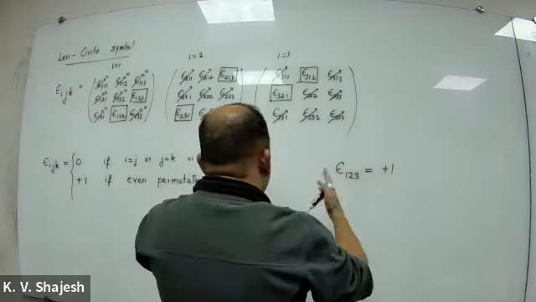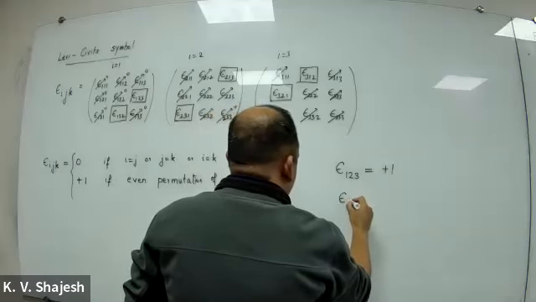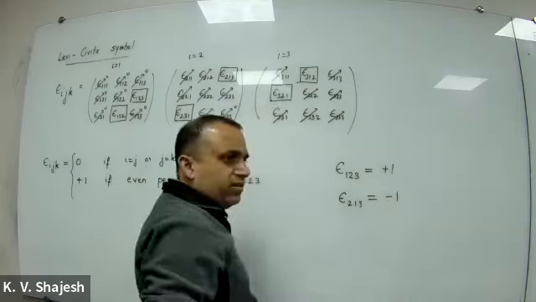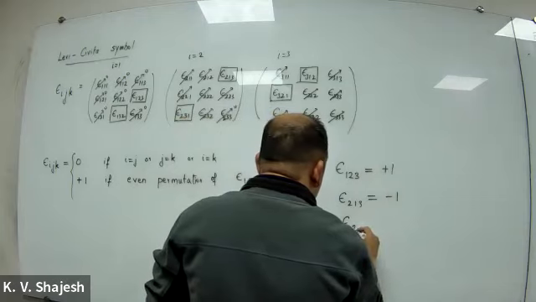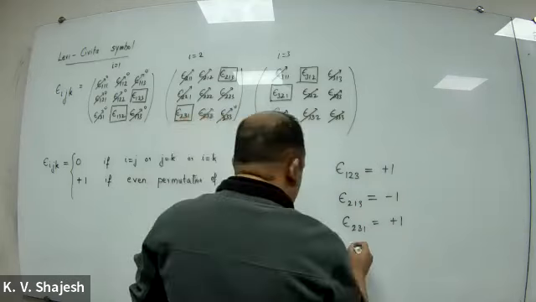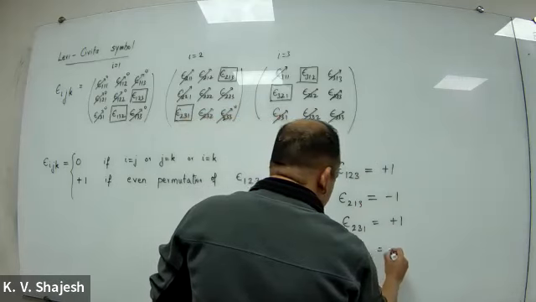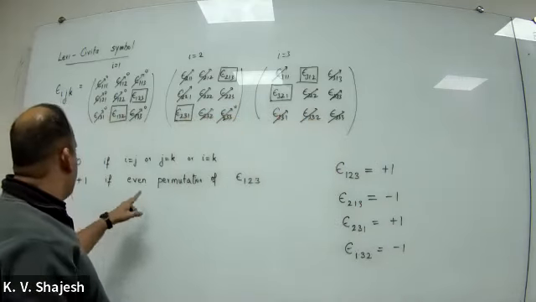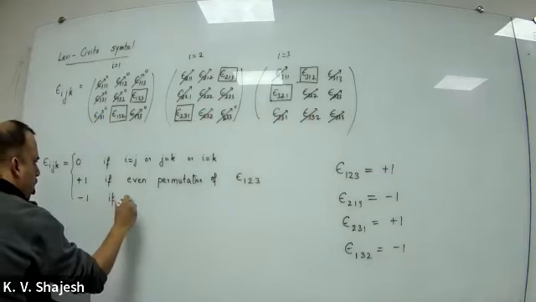Then I swap any 2 of them, so let's say 2,1,3. I swapped it once, so that switches the sign. That's -1. Switch again, I'm going to pick 3 and 1, that switches the sign again, so that's +1. I can swap 1 and 2 now, that's 1,3,2, equal to -1, and so on. So it is -1 if it's an odd permutation of epsilon 1,2,3.